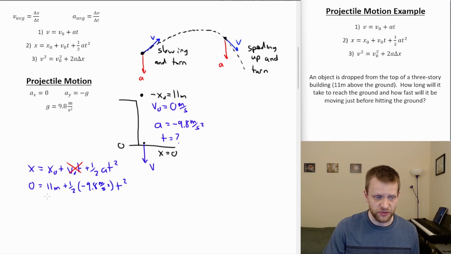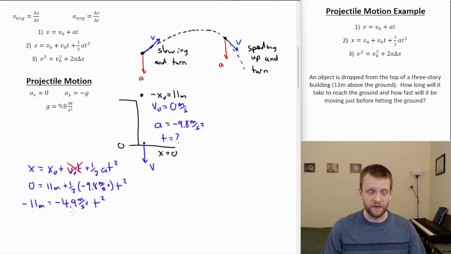Well, we can combine some things together. We can subtract the 11 meters from both sides. We can do 1/2 times negative 9.8, which is negative 4.9 meters per second squared, times time squared. And then let's divide both sides by this negative 4.9 meters per second squared.